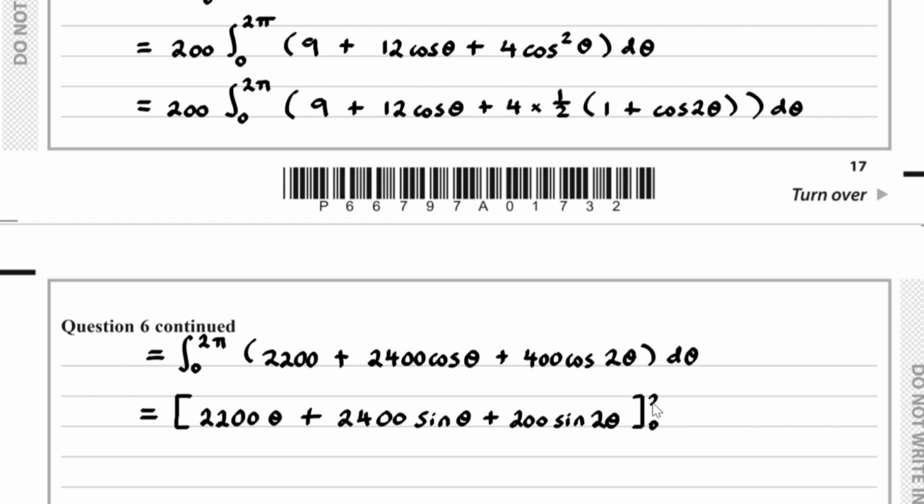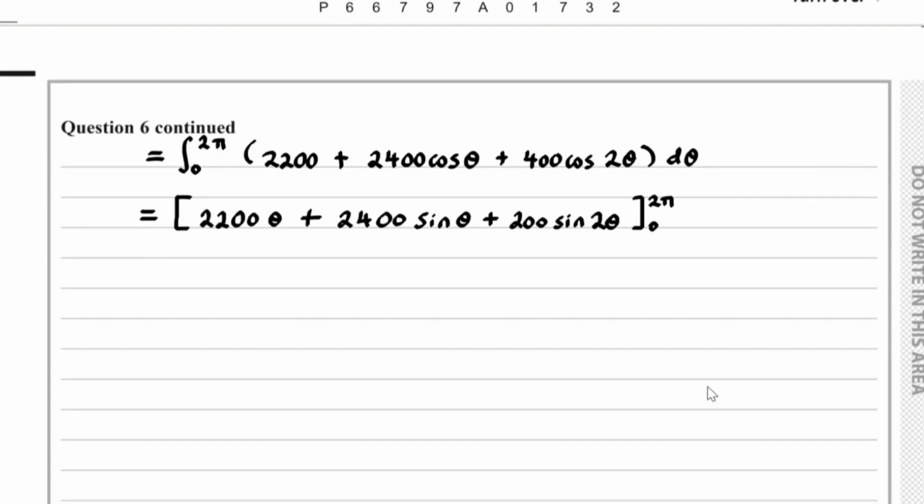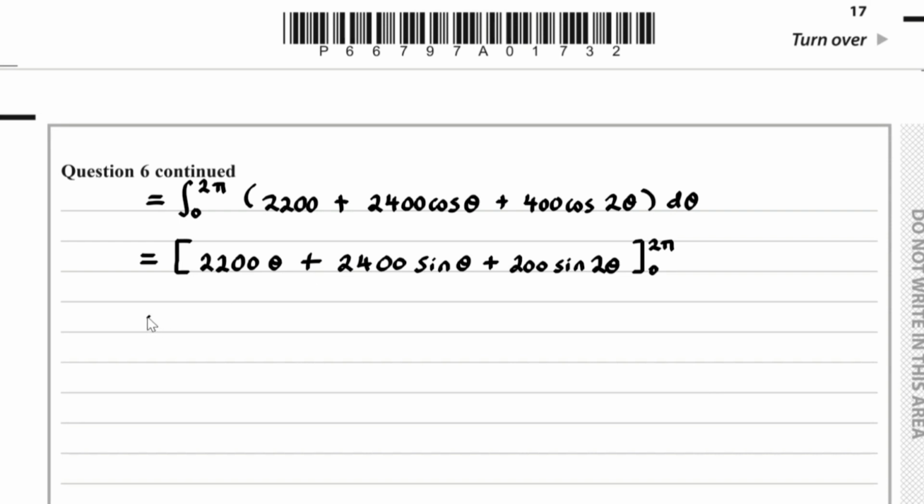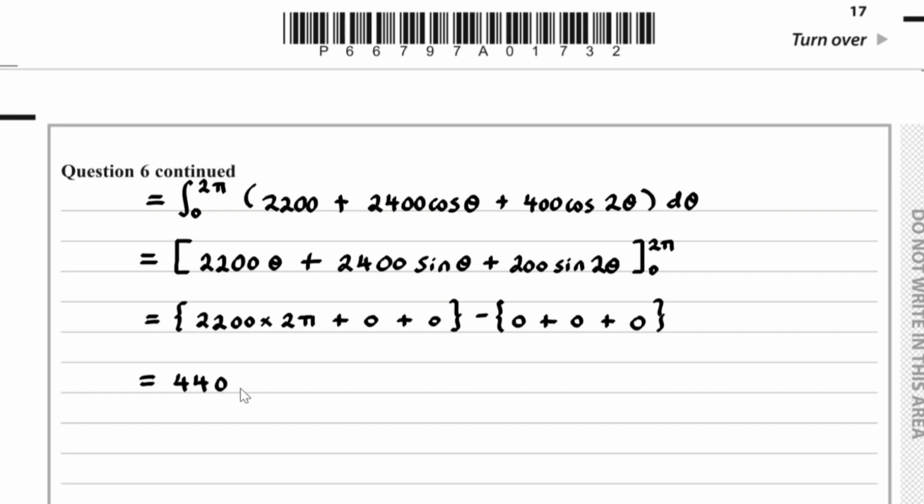And I'm integrating this between 0 and 2 pi. If I substitute in my limits, for my upper limit, I've got 2200 times 2 pi plus 0 plus another 0. And then for my lower limit, I have 0 plus 0 plus 0. So it turns out the area is 4400 pi centimetres squared.